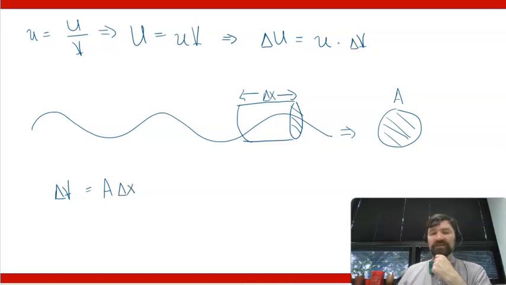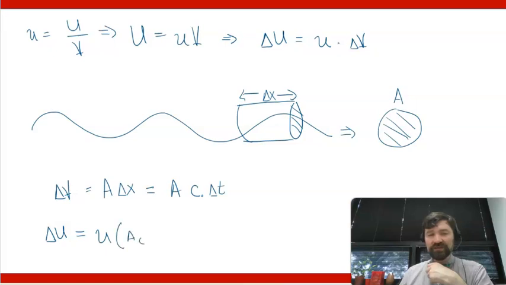But if this wave is moving at a constant speed, delta x is speed times time. So this ends up looking like A times C times delta t. That is all this volume. Therefore, the energy deposited, delta U, which is lowercase u times volume, becomes u times A times C naught times delta t.